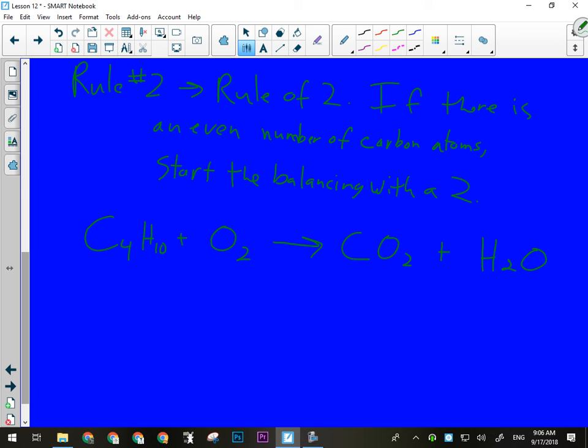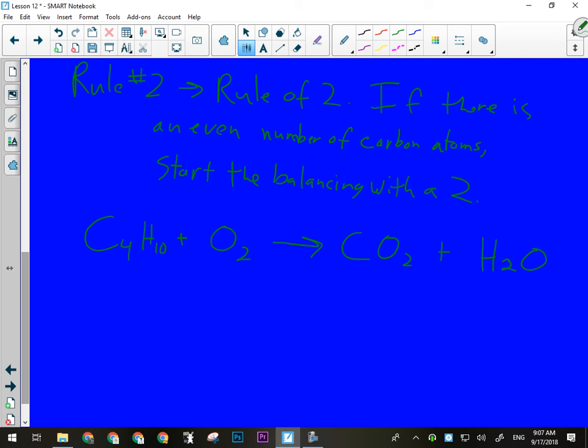So you might want to write this example down just to illustrate as well. If I have a combustion reaction where I have an even number of carbons, I will run into a problem when I try to balance. If I just follow rule number 1, which is balance alphabetically, I'm going to run into this problem.